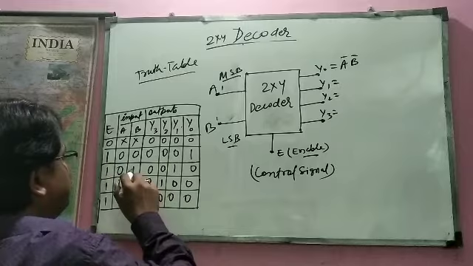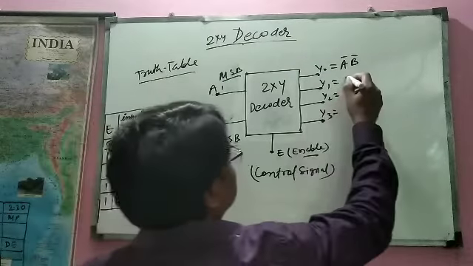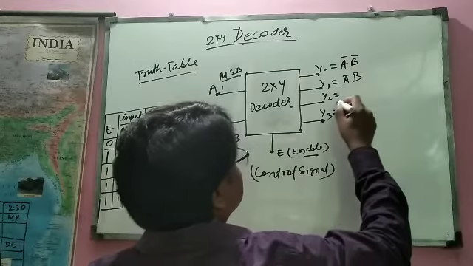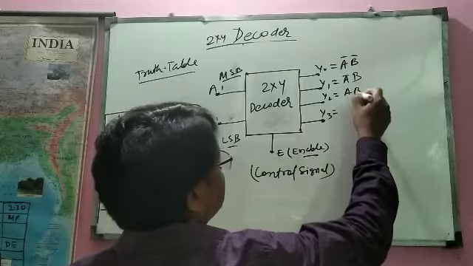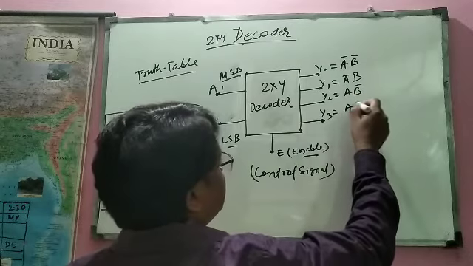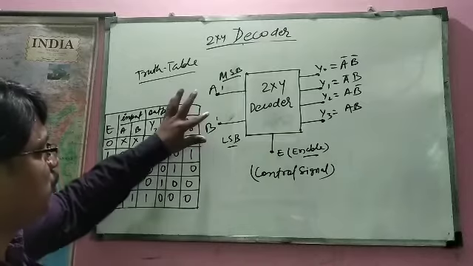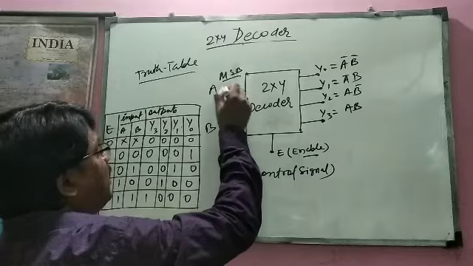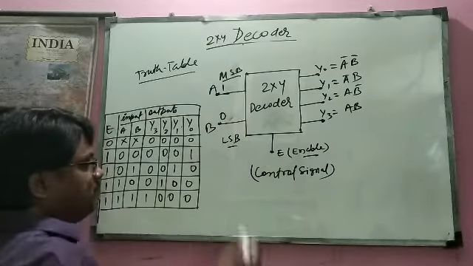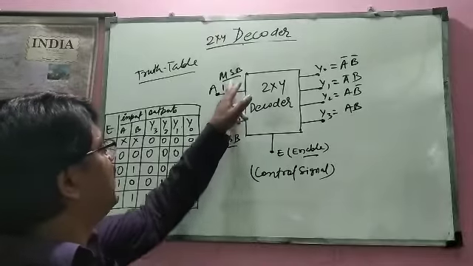Okay, so here it is 0 1, A bar B. Here it is 1 0, so it is A B bar, and here it is AB. See, if this is 1 and this is 0, let us suppose A is 1 and B is 0.